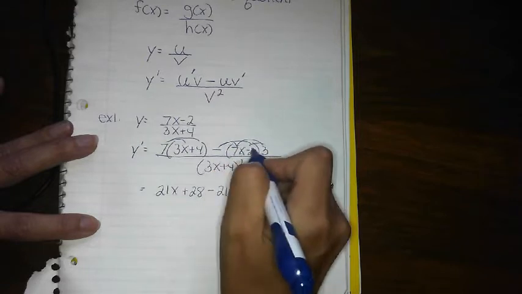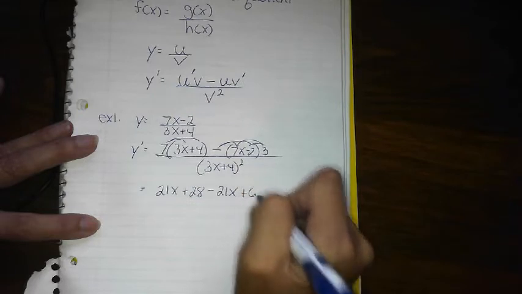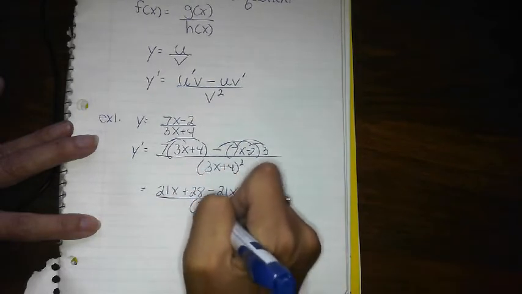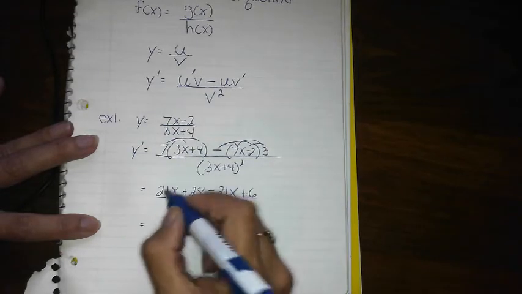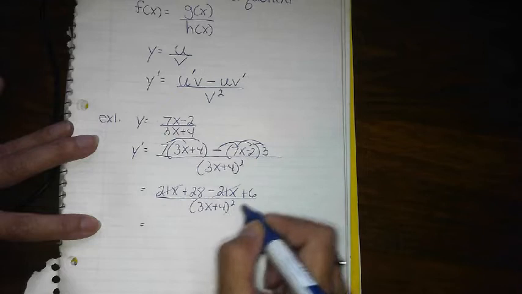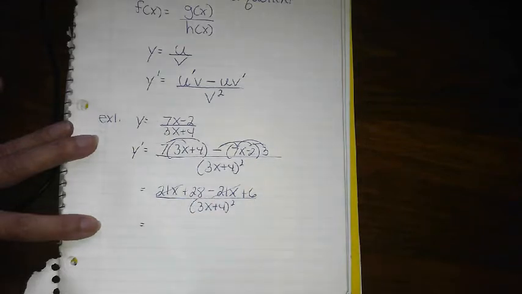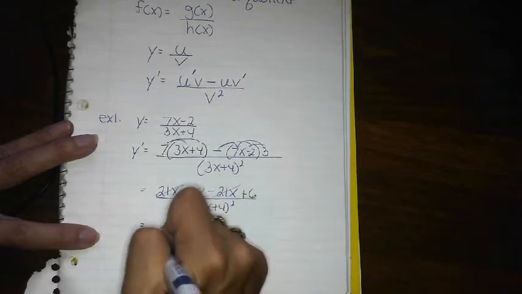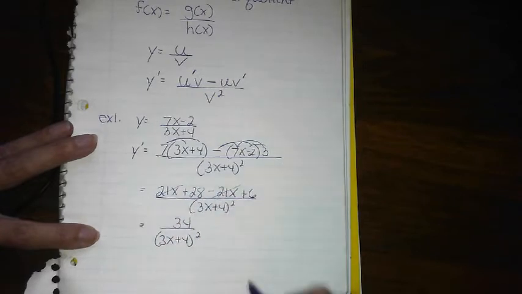And then a positive 6. Denominator doesn't change. So 21x's cancel out. 28 and 6 gives us 34 over 3x plus 4 squared.